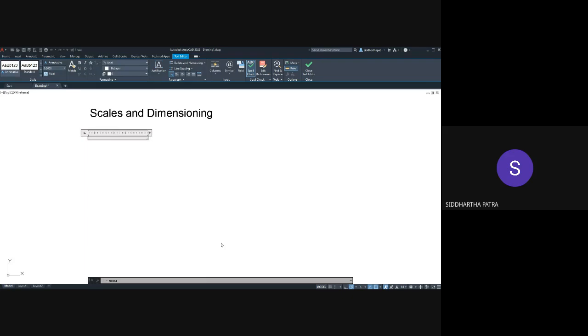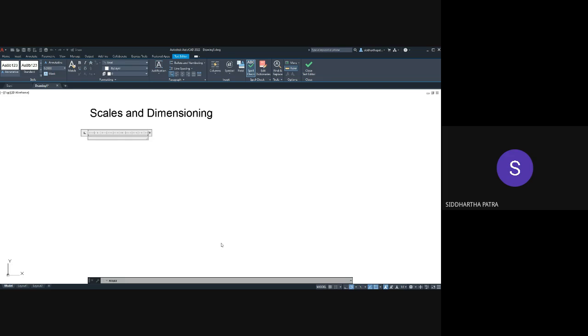So basically, if something spans over, let's say, several meters, we can scale it down by, let's say, a 1 in 10 or 1 in 20 scale, and bring it down to the size of our drawing sheet.